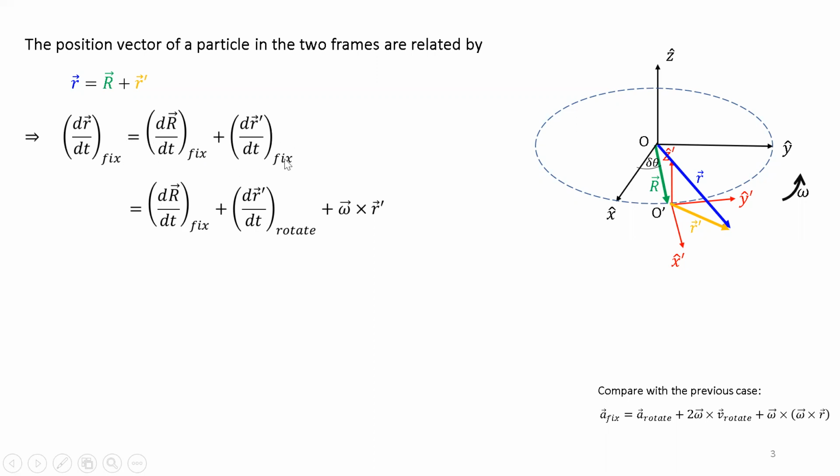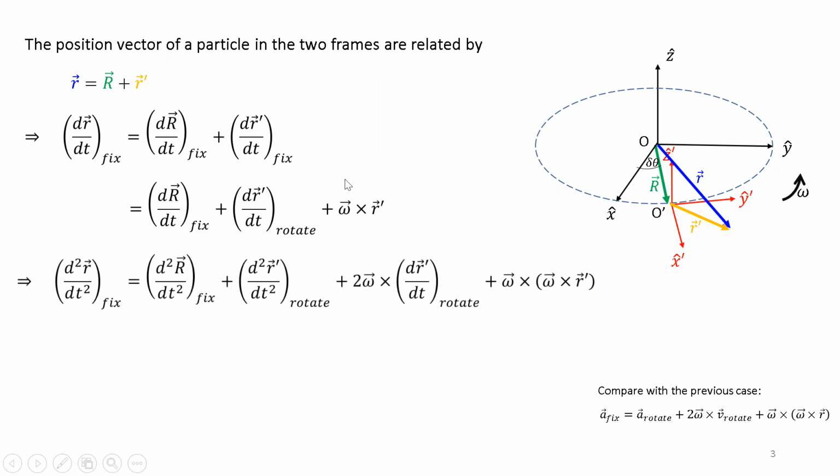Now the second term over here, I want to express it in the rotating frame. You remember that d/dt with the subscript fixed equals d/dt with the subscript rotate plus omega cross that vector. The same trick is applied here, so this one becomes these two terms.